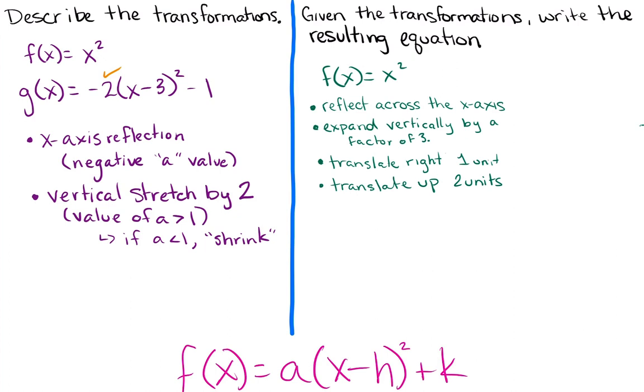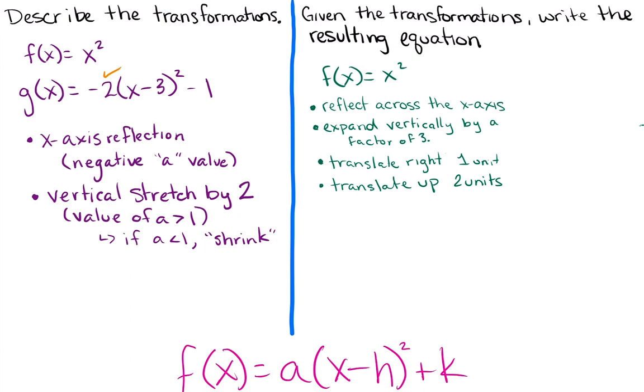Okay, in addition to that, I'm also noticing that I have parentheses, and I have a number that's next to x that's also being squared that I don't have up top. Comparing that to the equation at the bottom, I can see that that is an h value. And since h moves us left and right, I know I'm going to have a shift either left or right.